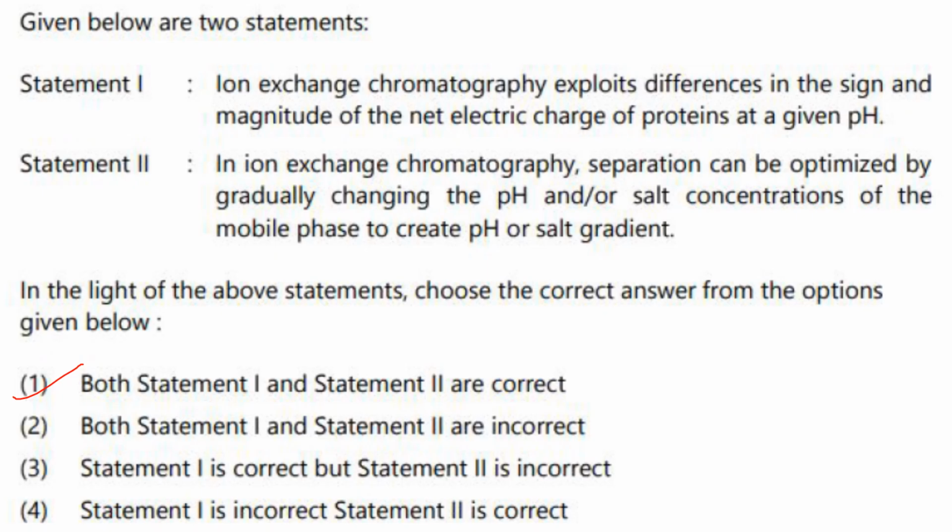In ion exchange chromatography, separation can be optimized by gradually changing the pH and/or salt concentration. When you change the pH, a negatively charged protein can become positively charged, and based on that, ion exchange chromatography separates the protein molecules. So that is also correct. So both statements 1 and 2 are correct.